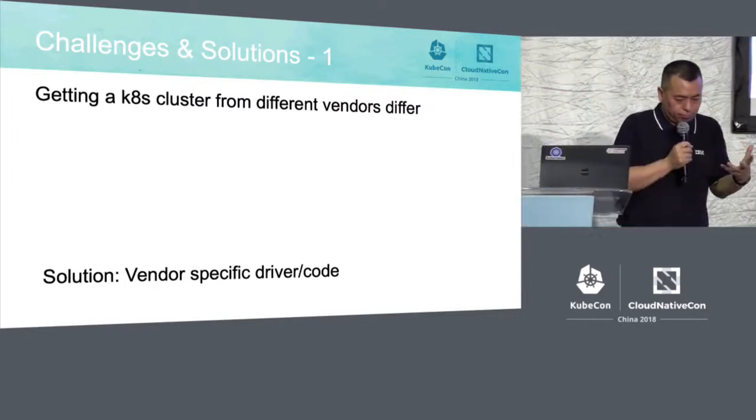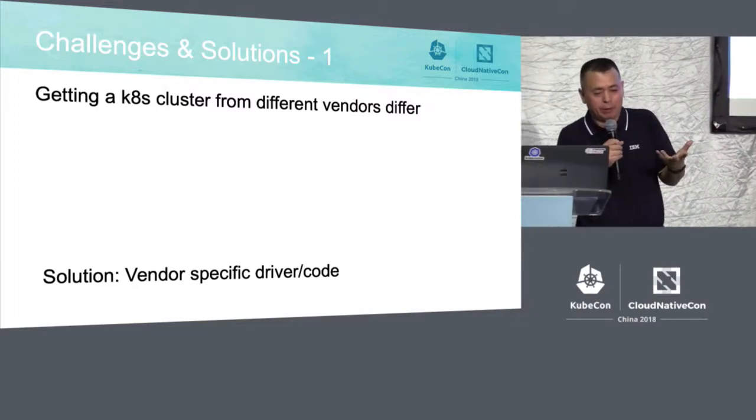Now you have Fabric, or some other blockchain system you want to deploy onto a Kubernetes cluster. So what is the first thing you have to do? Get a Kubernetes cluster, right? Basically there are two ways you can do that.